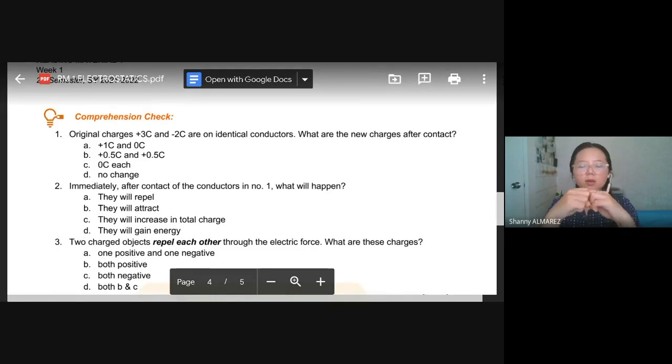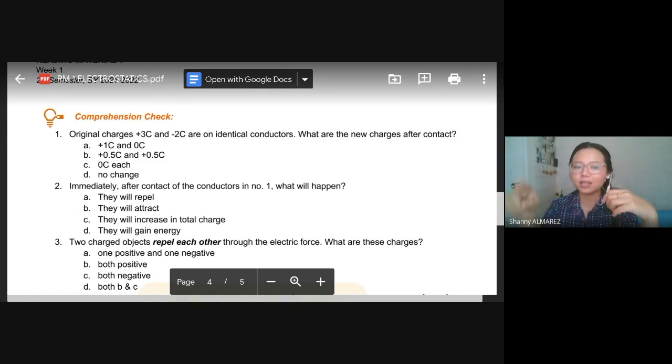So, ibig sabihin, since positive 3 at saka negative 2 yung charges, i-add nyo lang yan. So, positive 3 plus negative 2, the result of the net charge will be positive 1 when they are together. Pero ang tinatanong natin ngayon, what if we want to consider the charges individually? So, the characteristic of charging by conduction is that after the process, the conductors will have the same amount of charge.